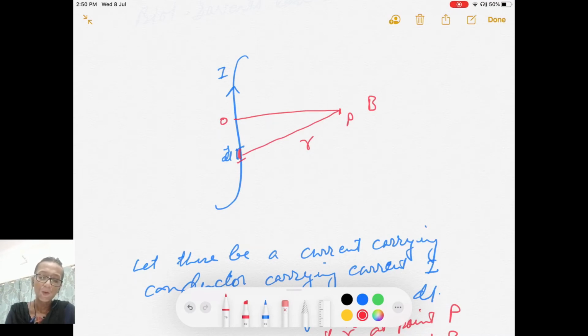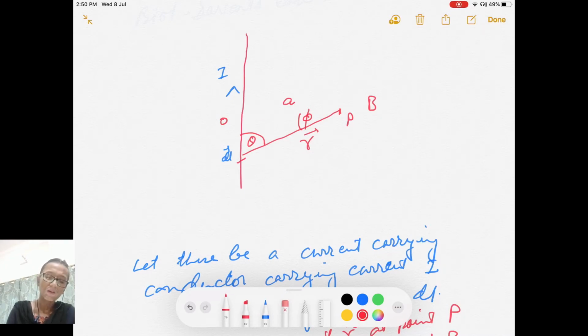So let me draw a perpendicular which meets the current carrying conductor at O, and this perpendicular distance is A. Now, the angle between the displacement vector and this length element is theta, and it is making angle phi along this direction. This is a long straight current carrying conductor.